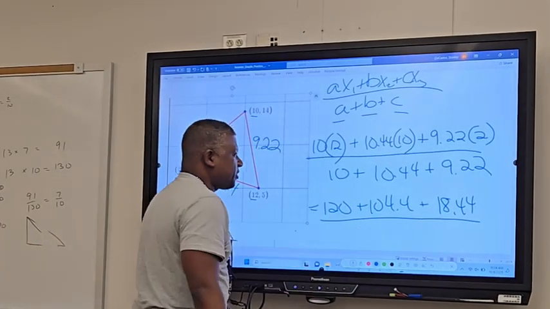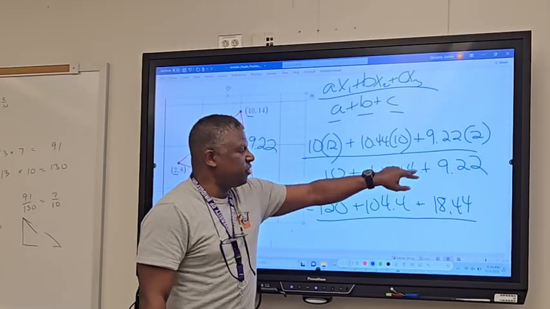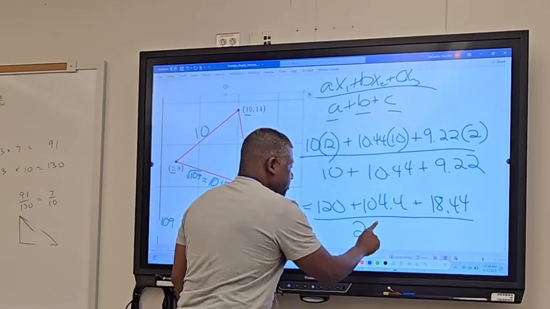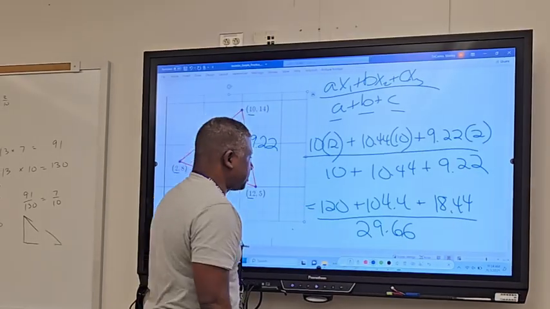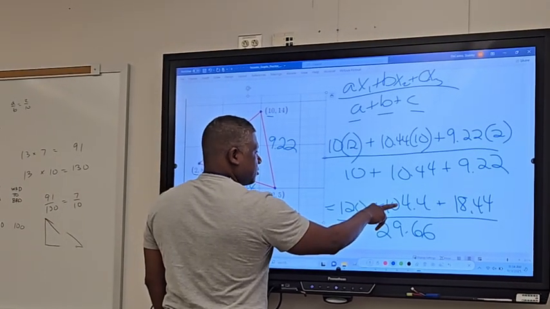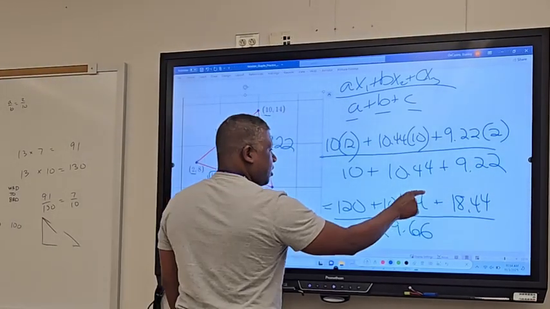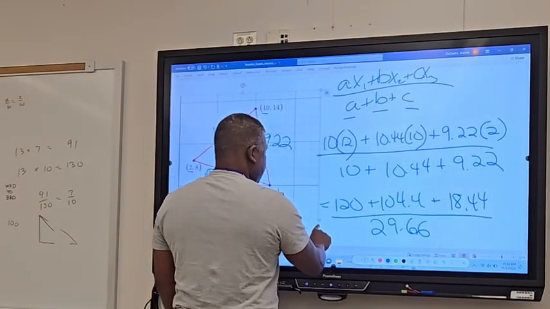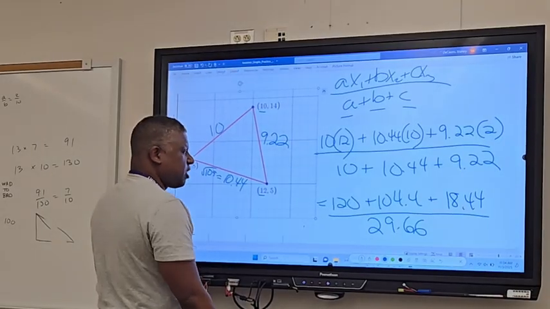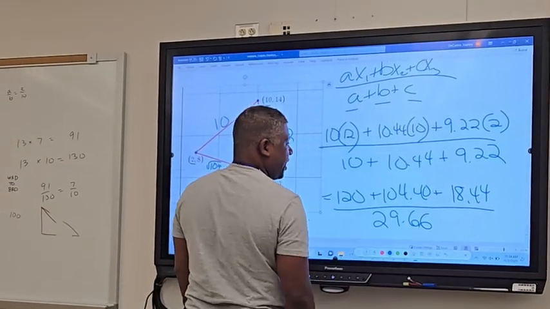And divide all that, let's see. 120 plus 104.4, what's that? 224.4, plus 18 is 242.4. The decimals, 0.44, so that's 242.84.